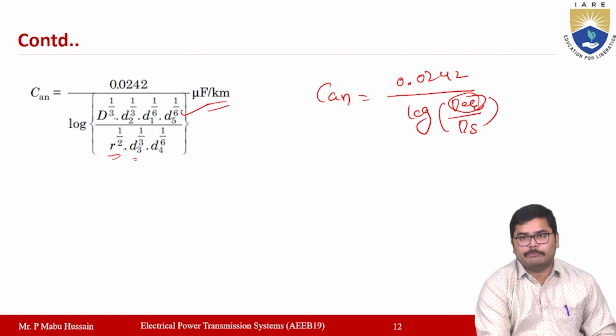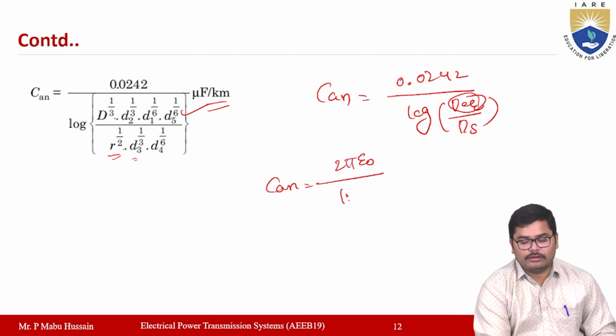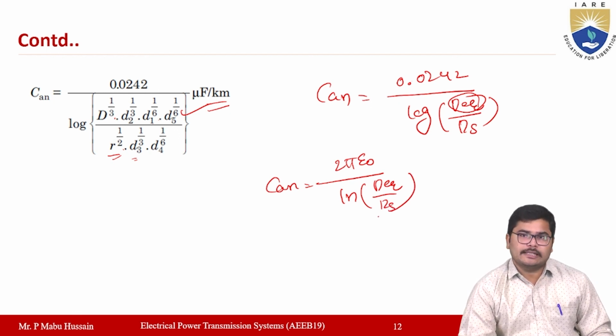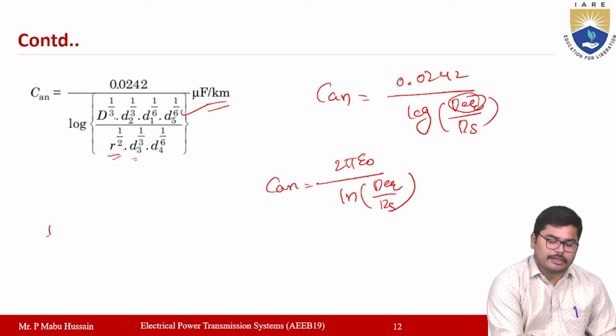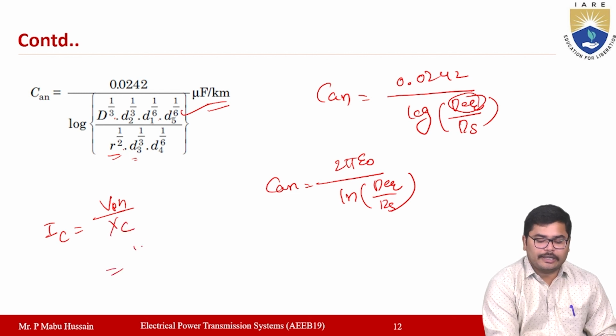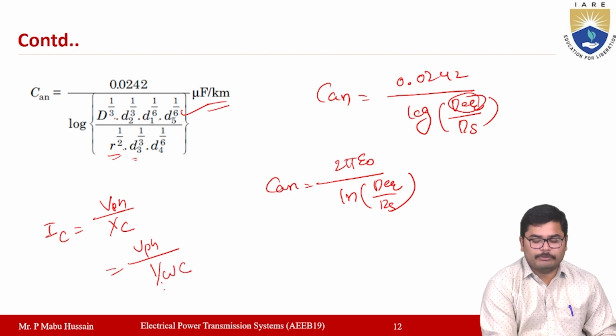And if you want farad per meter, then CAN is equal to 2 pi epsilon naught by ln D equivalent by DS you have to write. Okay. So once after knowing the capacitance per phase, you can even find out the charging current. Charging current is equal to voltage per phase by XC, and XC is 1 by j omega C. So this can be written as j into omega C V phase here, right?